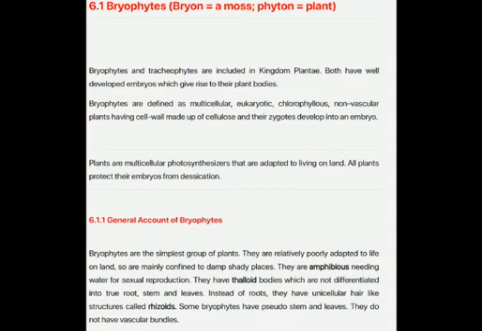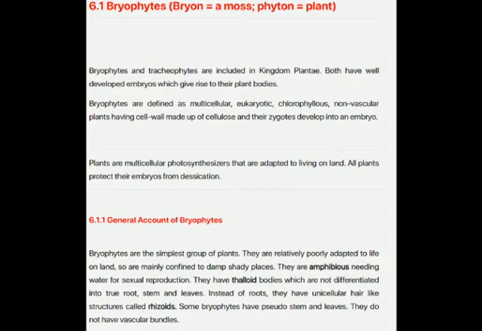Now, the cell wall of bryophytes is made up of cellulose. Then these plants are present in damp, shady places.